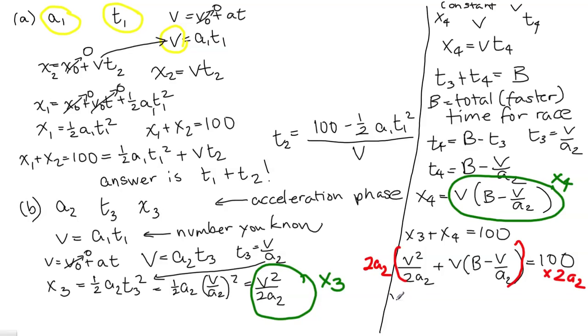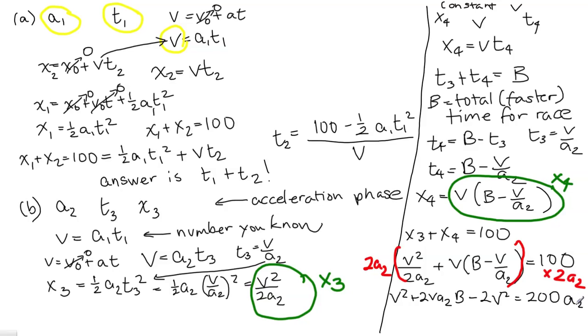That's going to give us v squared plus 2 v a2 b minus 2 v squared equals 200 a2.